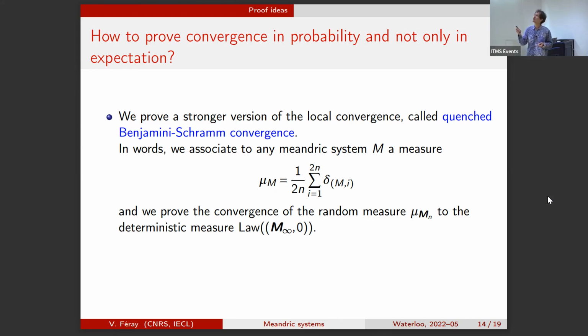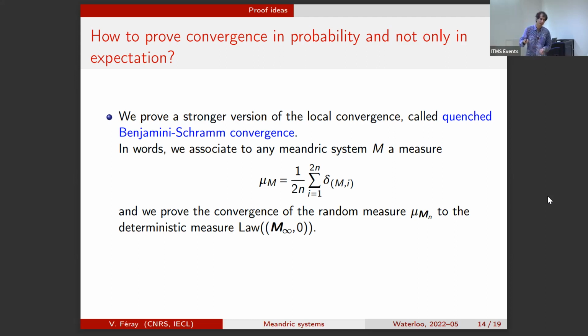And in this stronger version, you don't take your meandric system and your points simultaneously at random. Instead, if you take a meandric system and think of all the positions where you can mark your points, this already defines a measure on the set of marked meandric systems. And then you have a random measure if you take M as random, and we prove convergence of this random measure.